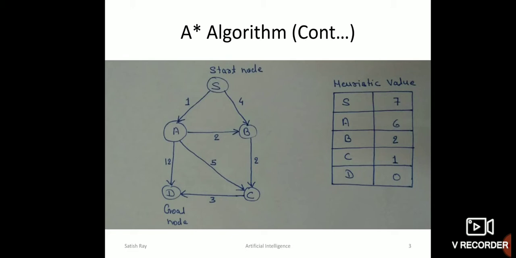So we will start from node S and move towards node D, and we will use the formula f of n equals g of n plus h of n. g of n is given in this graph and h of n is given in the table.